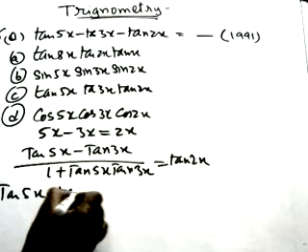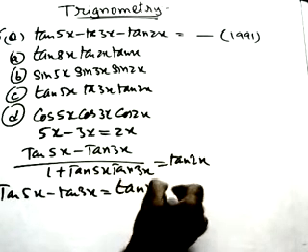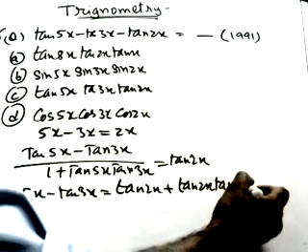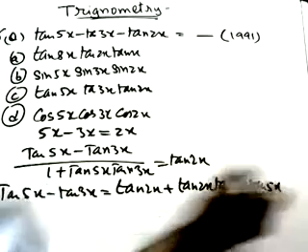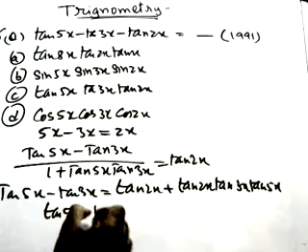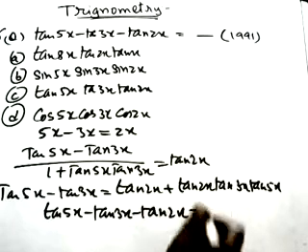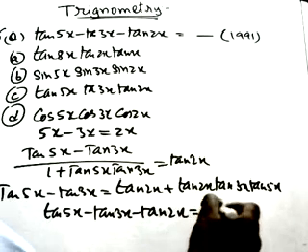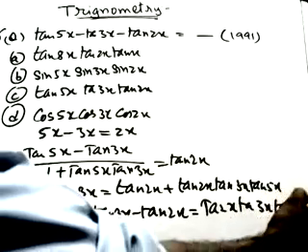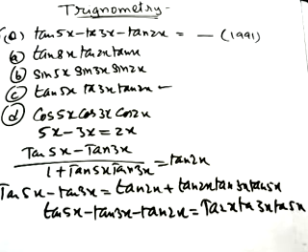So this will become tan 5x minus tan 3x equals tan 2x plus tan 2x tan 3x tan 5x. Now bring this here, and we get the answer: tan 5x minus tan 3x minus tan 2x equals tan 2x tan 3x tan 5x. So this is the answer.